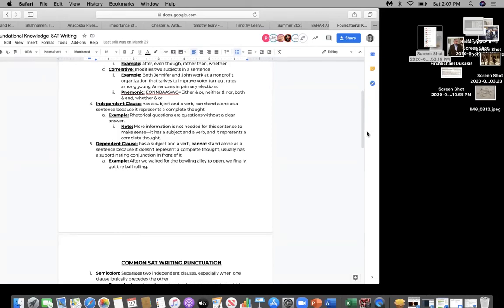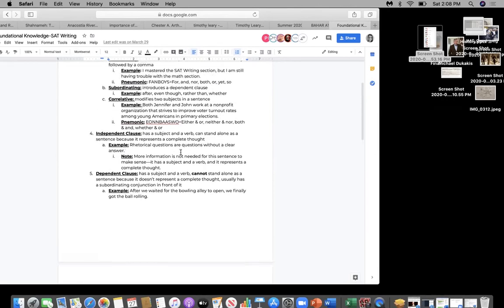That's an independent clause because it has a subject and a verb, and it can stand alone as a sentence because it represents a complete thought. We don't need more information for this sentence to make sense.